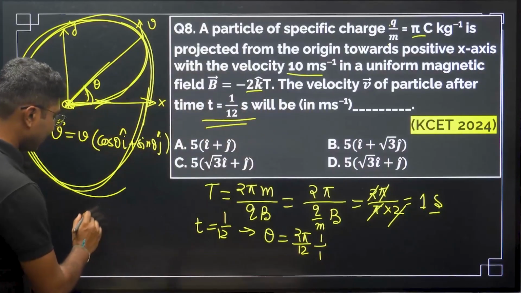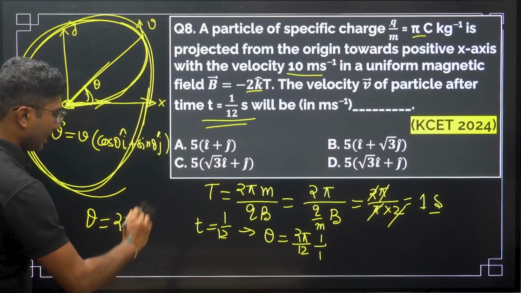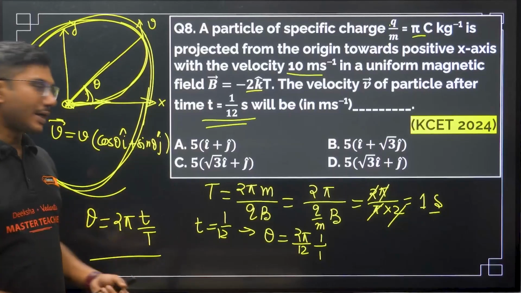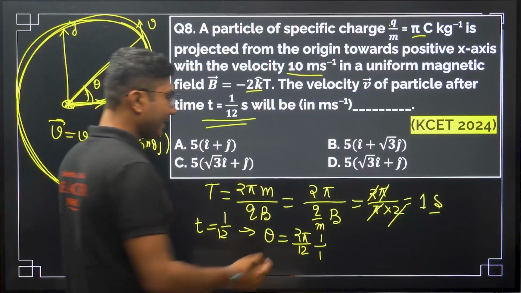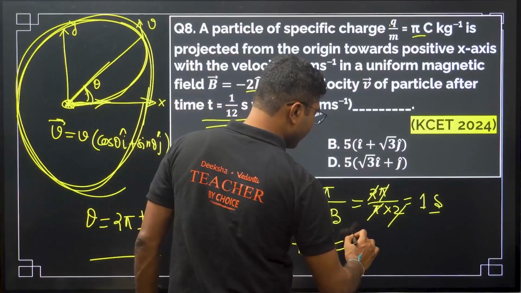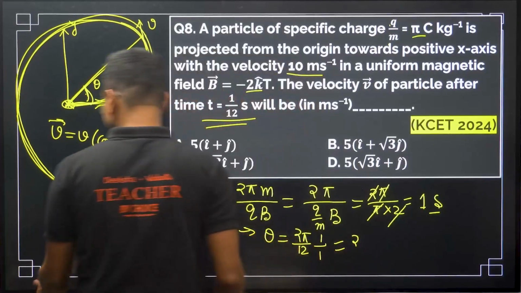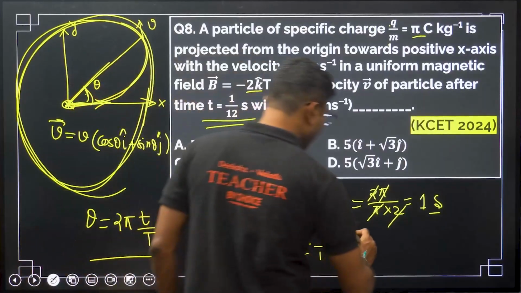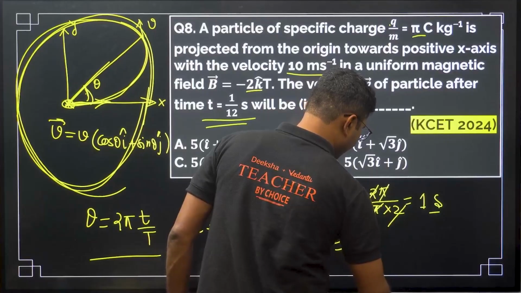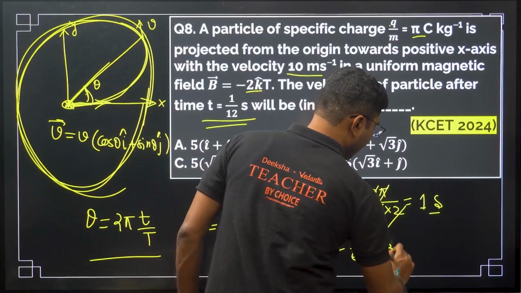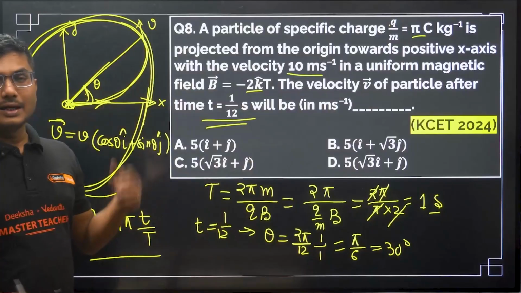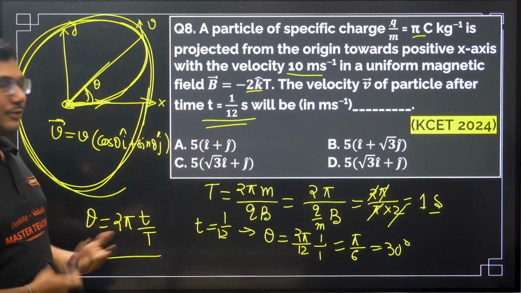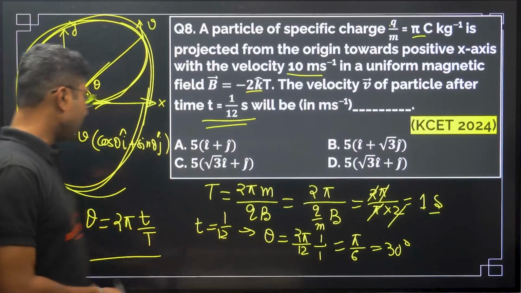The formula is theta equals 2 pi small t by capital T. Now time period is 1 second, so capital T becomes insignificant here, only the time is important, so it will be pi by 6. Pi by 6 means 30 degrees. It is just the unitary method. If you are wondering how I arrived at this equation, nothing, unitary method: for T seconds the angle covered is 2 pi, so in any time t seconds you can find the angle covered with a simple unitary method.